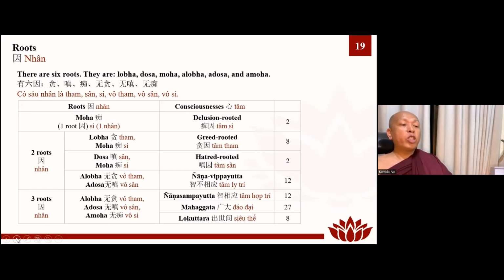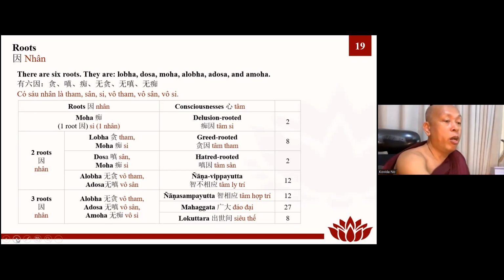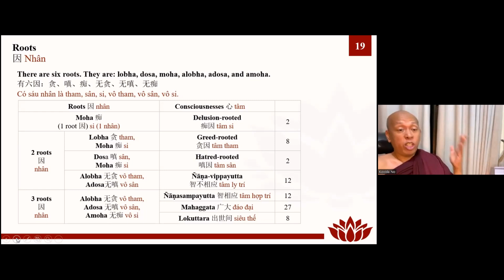Among the 2 roots, also they are mentioned, nana vippayutta. Nana vippayutta means among the beautiful consciousnesses, knowledge is dissociated. If there's no knowledge, that means no amoha. That means it cannot associate with non-delusion. That's why only 2-rooted consciousness.